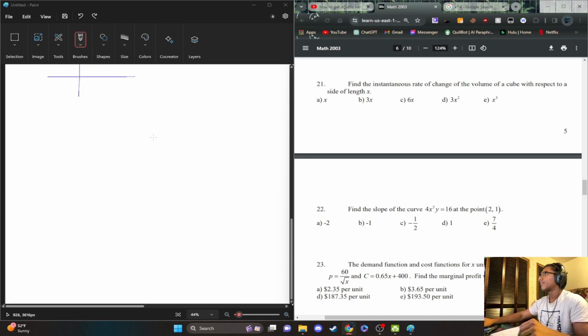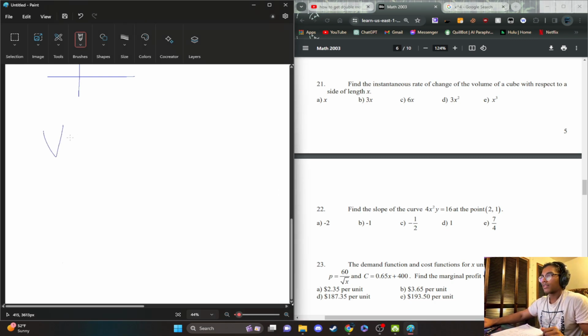Now, find the instantaneous rate of change of the volume of a cube with respect to side x. So instantaneous change is not the same thing, but it is basically asking for a derivative. And volume of a cube is V equals a cubed.